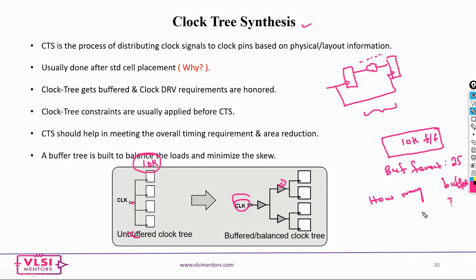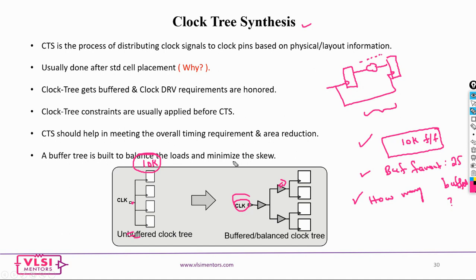So basically, you have 10K flops, and each buffer can drive 25 fan outs. So how many buffers do you need to implement this clock tree? Just a quick calculation that you can do after the session.